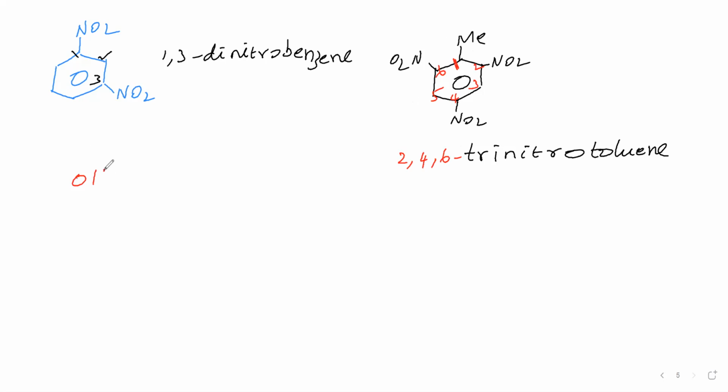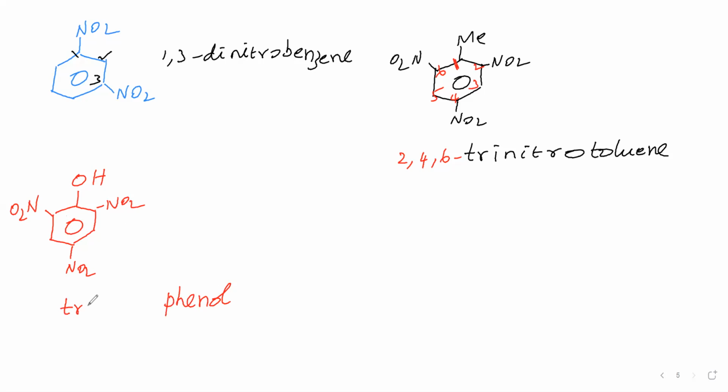Next we will take this OH group with the phenyl ring. Here NO2, here NO2, here NO2. Now, the phenyl ring with an OH group, we will say as phenol. NO2 is nitro, present 3 times.